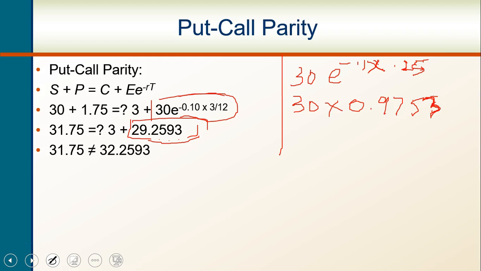Alright, so I'm going to now multiply the 30 with 0.9753, and what I get is 29.2592, and if I round it off, it will be equal to 29.2593. So this item here is equal to the item in the box. Now that we have figured out that the left hand side is not equal to the right hand side, we can conclude that the put-call parity condition is violated here.